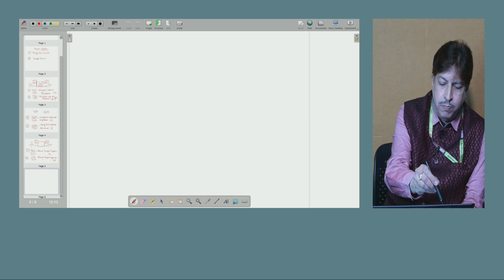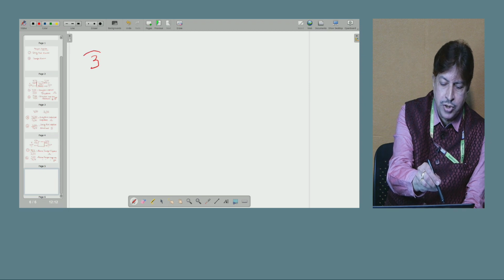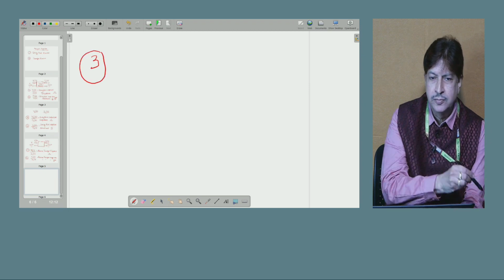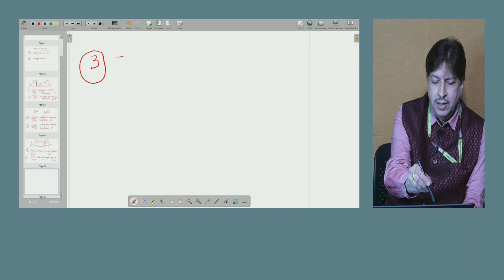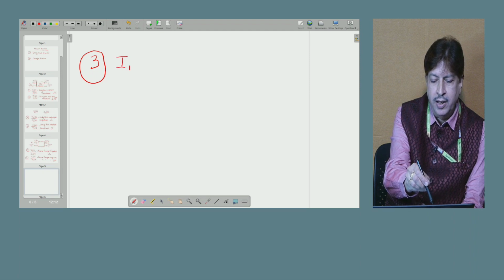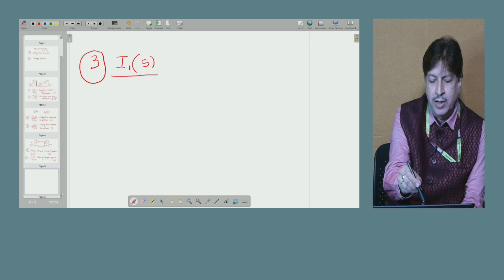So the third possible transfer function I am writing. Imagine I have taken numerator as I1s, denominator as V2s.